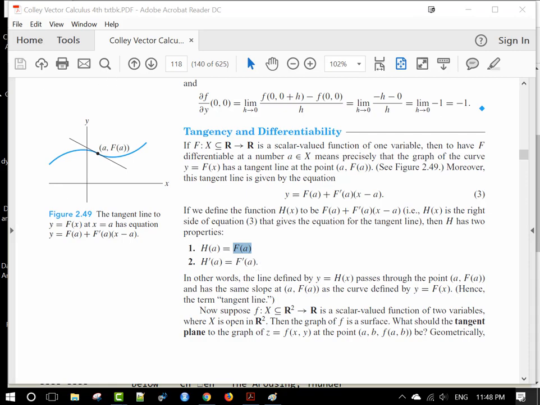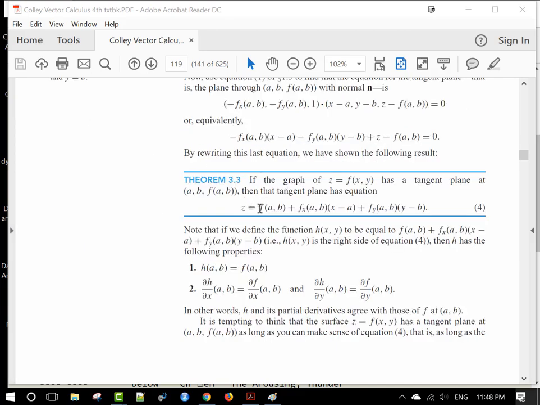So let's see how it works out. Here's our equation for the plane. We're going to set h of x, y equal to this.